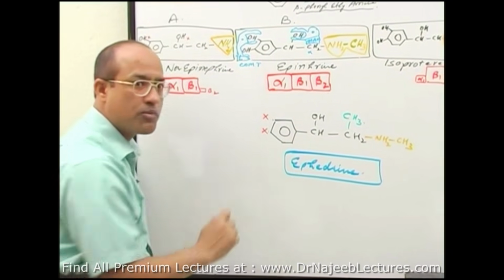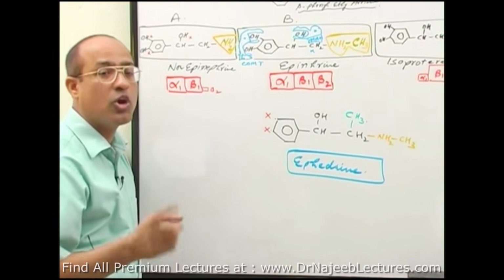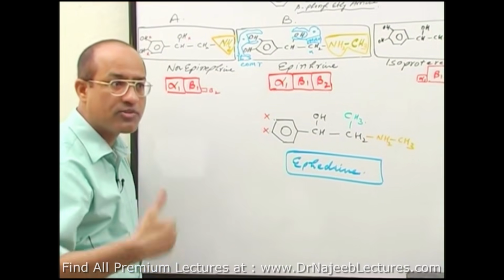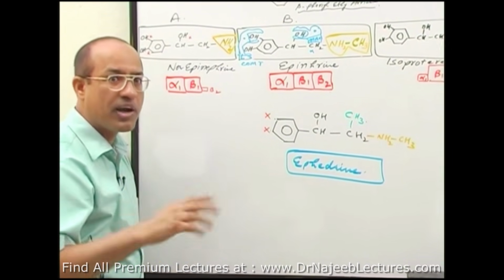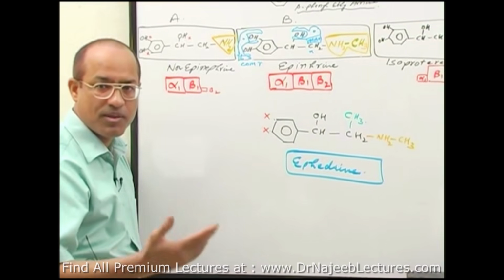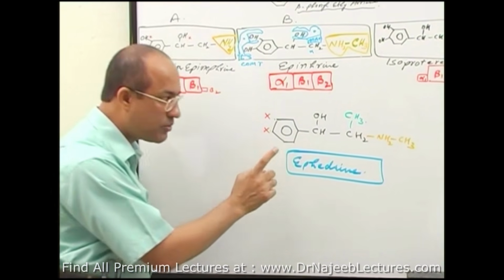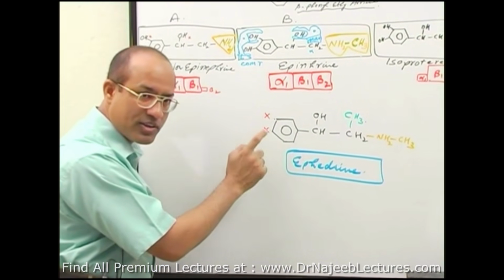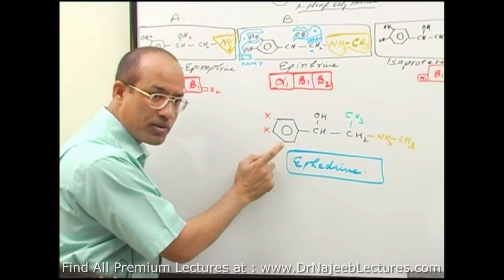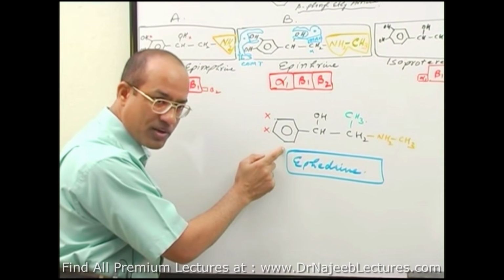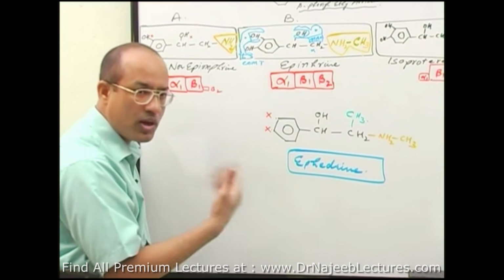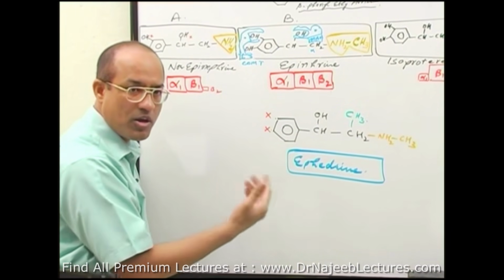So this compound will not be destroyed in the GIT or in the liver. So the duration of action of the drug will become more and oral bioavailability will also become more, because it is not destroyed by COMT in the GIT or liver.